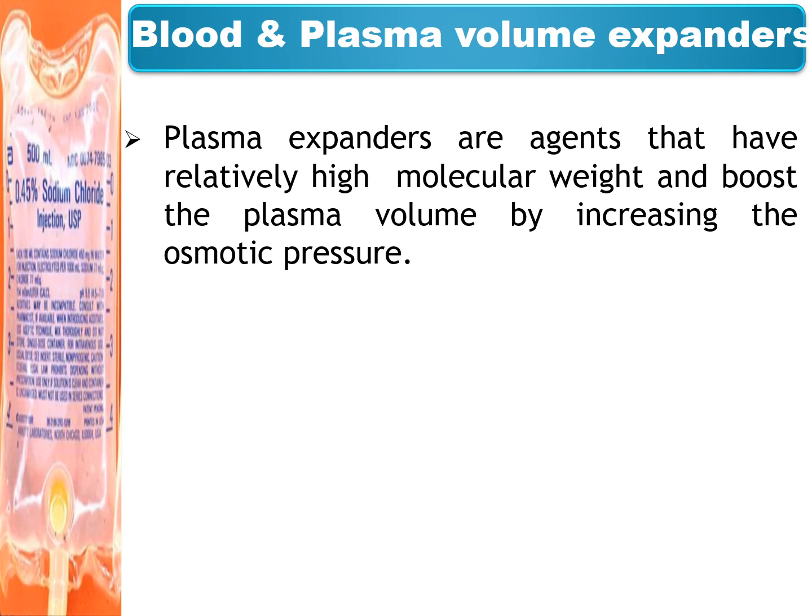Actually, plasma volume expanders are those agents that have a relatively high molecular weight and boost the plasma volume by increasing the osmotic pressure. If there is a decrease in the plasma volume in hypovolemic conditions, to treat such patients we utilize these agents, which are called plasma volume expanders.